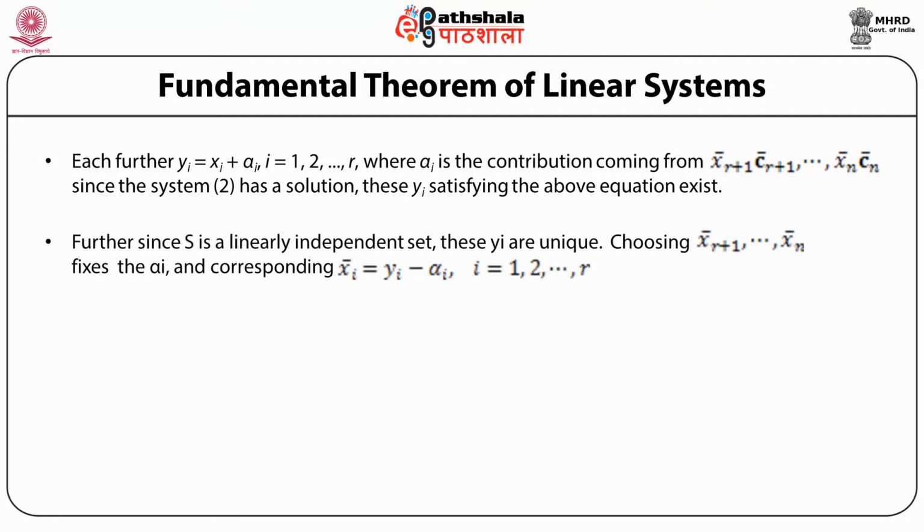Further, since S is a linearly independent set, these yi are unique. Choosing xr plus 1 bar till xn bar fixes the alpha i, and the corresponding xi bar is equal to yi minus alpha i, where i takes up the values 1, 2 and so on till r.